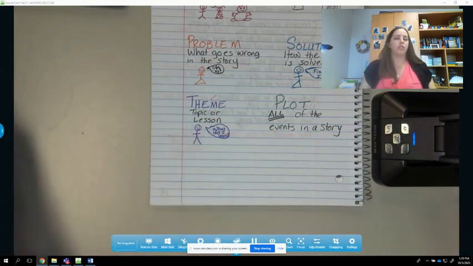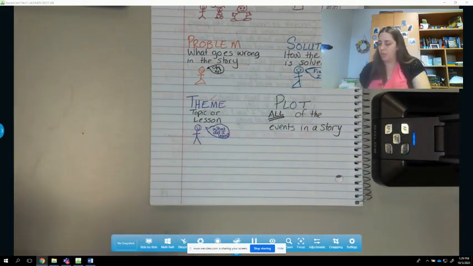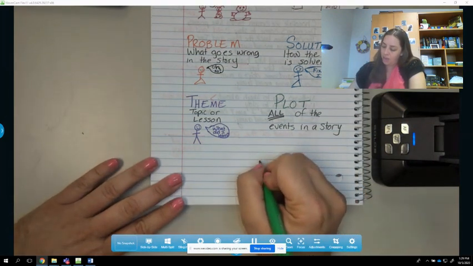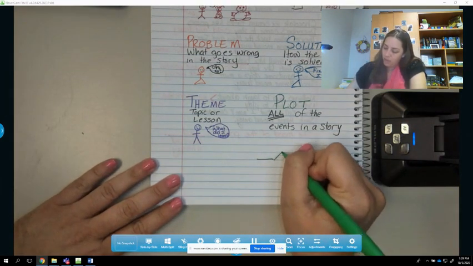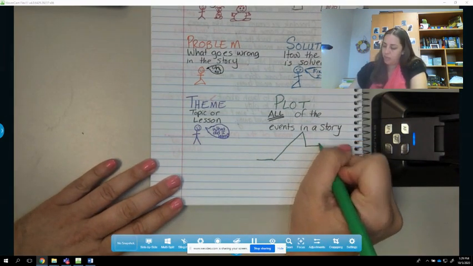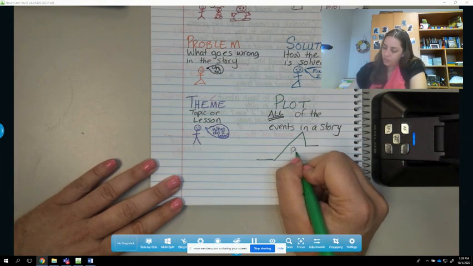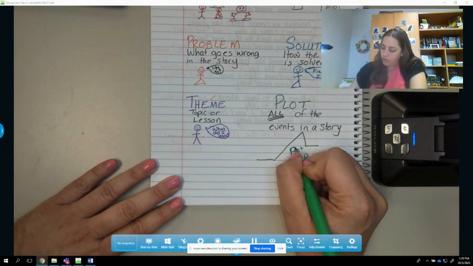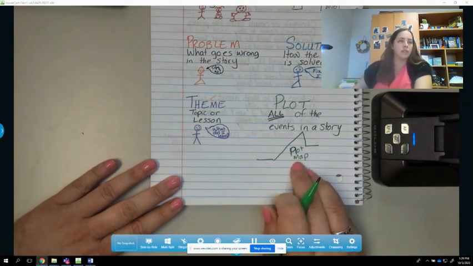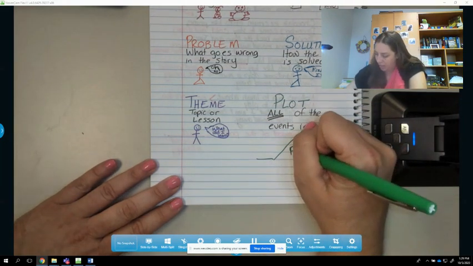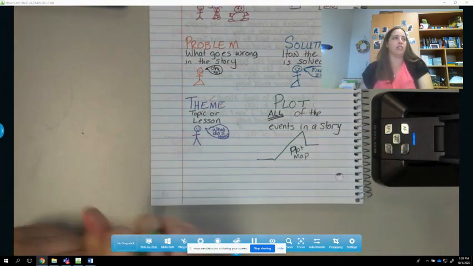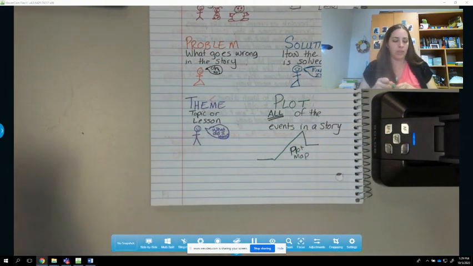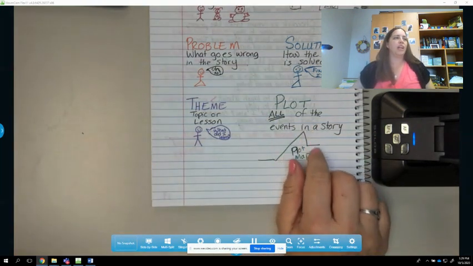And you know what I'm going to do? I'm going to go ahead and draw a really quick picture of that plot map, because I know that that plot map gives me a map or an idea of where all of these events are. That's a little terrible. That is a P and then an L, so my L got a little close to my P there. So it should be PL right here.